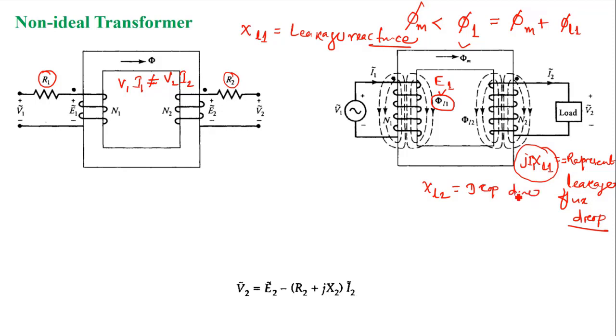So I can write this XL2 as the leakage reactance in the secondary side.